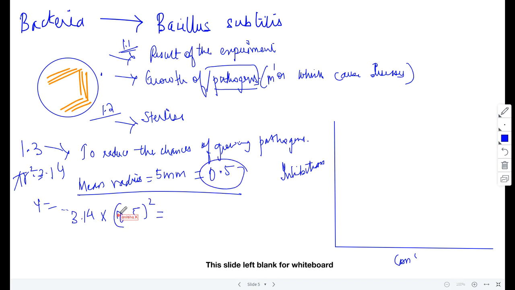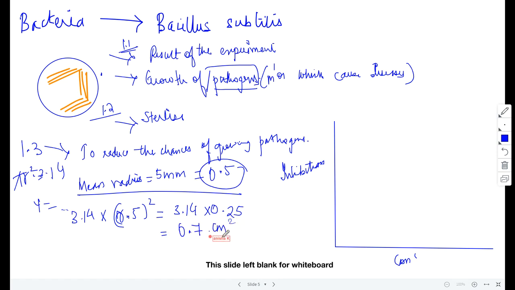Now tell me what is your answer? 7.85. Or 7.9 if you got. Okay, one moment. 0.5 into 0.5 will give me 0.25, okay? 3.14 into 0.25. Now calculate. My value is coming as 0.7.